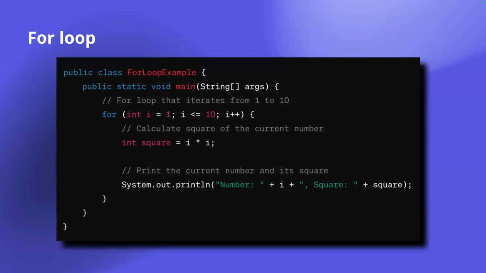Perfect. You're incrementing by 1. Increment, yeah, increment. Okay, sorry. Then we've got int square, a new variable of type int, that has the value of i squared, and we just print on new lines the number i and its square.